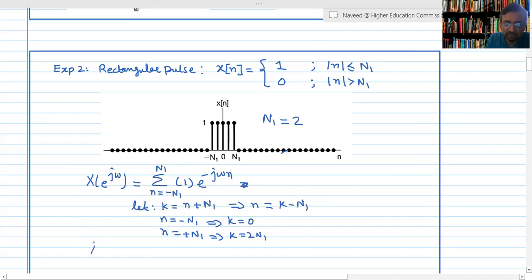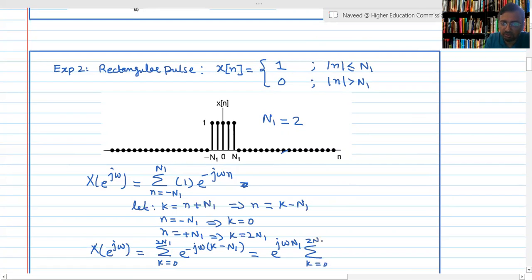So with this change of variable, X(e^j omega) will be the summation k equals 0 to 2N1 of e to the minus j omega, and n is k minus N1. So we get e^(j omega N1) times the summation k equals 0 to 2N1 of e to the minus j omega k.